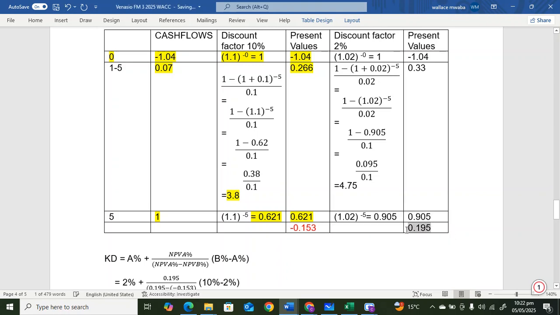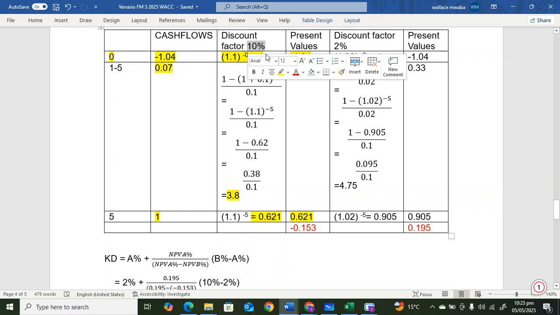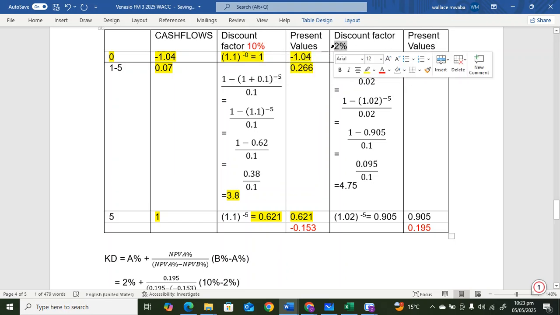So from this table, these are the four factors that you need. The net present value with the higher discount rate and the one with the lower discount rate, and then the individual discount rates. So H% where H is the higher discount rate, 10%, and L% where L is the lower discount rate, 2%.